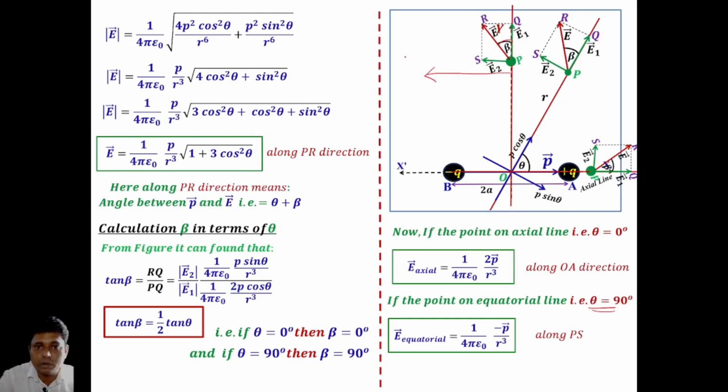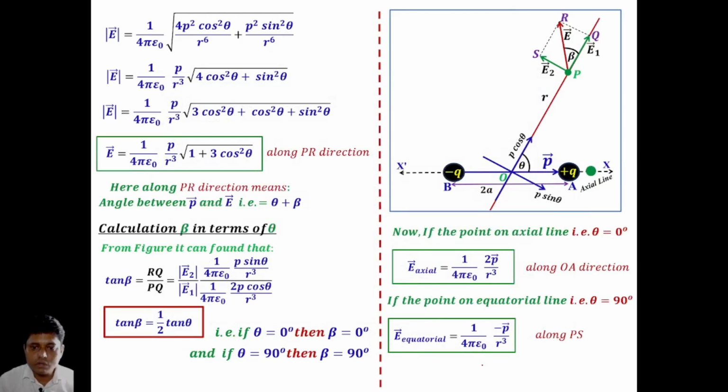This direction is nothing but the minus p direction, because p direction is along the positive x-axis direction, so minus p means along this direction, or we can say the negative x-axis direction. Okay. So for the equatorial point, or the point situated on the equatorial line, the answer will be this much. This answer also we found earlier when we discussed axial line and equatorial line separately, right?